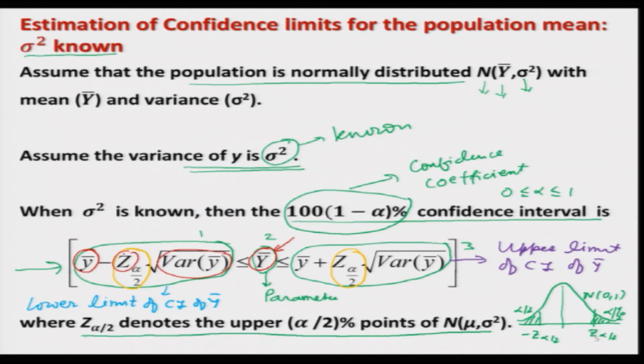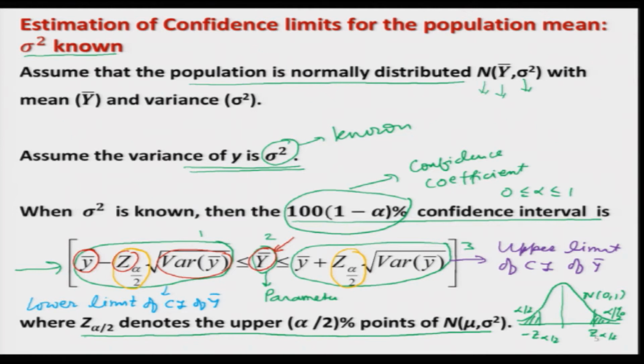So, I can compute the lower limit as well as the upper limit of this interval. Now I am saying that the probability that capital Y bar, which is unknown to us, will lie between this lower limit and upper limit is 1 minus alpha.